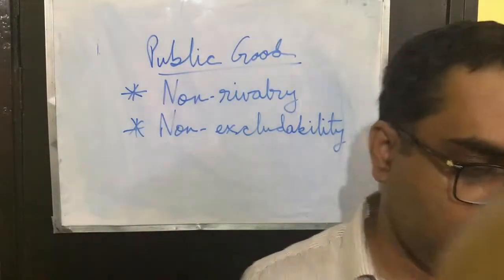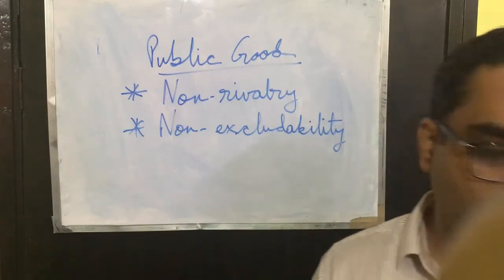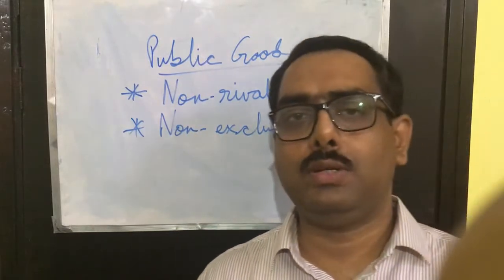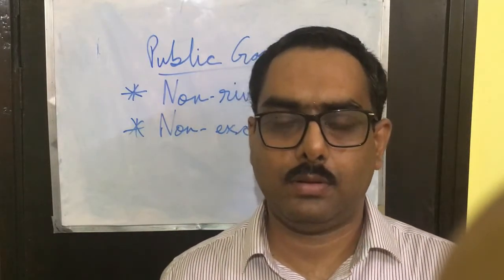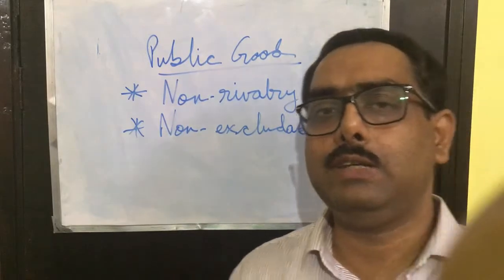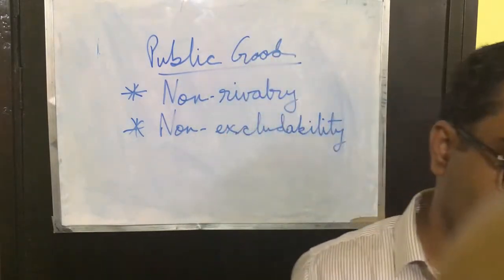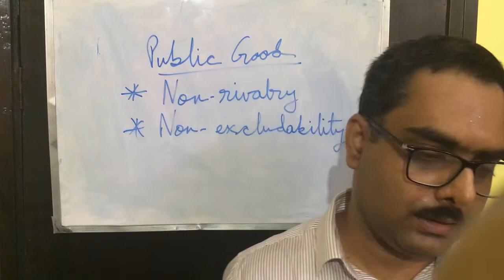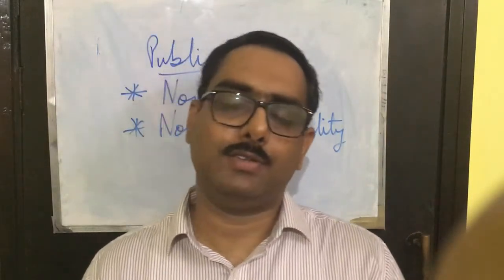Now, what does it mean? Non-rivalry means when a good is consumed, it does not reduce the amount available for others. I repeat, non-rivalry of a good signifies that when a good is consumed, it does not reduce the amount available for consumption to others.